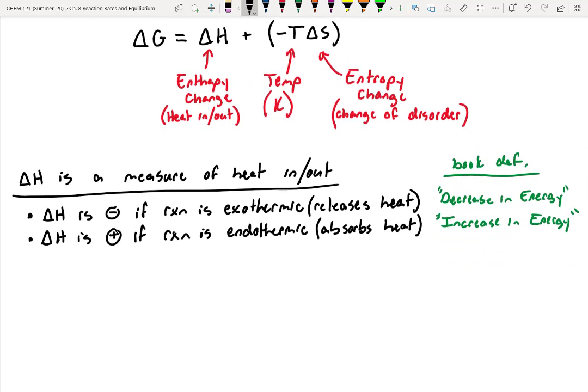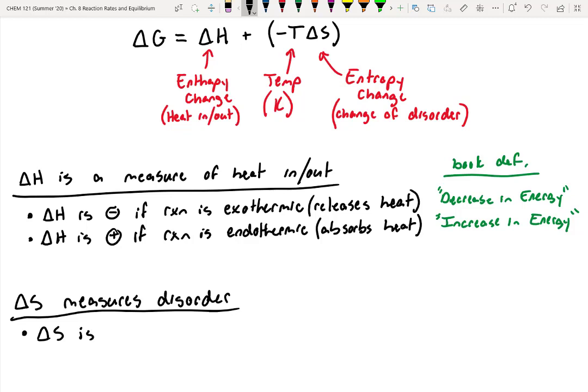Let's look at entropy. That's the delta S symbol. So change in entropy measures disorder. Okay, so these ones are going to be looking at whether or not they're positive or negative as well. So delta S is positive if the reaction product is more disordered.